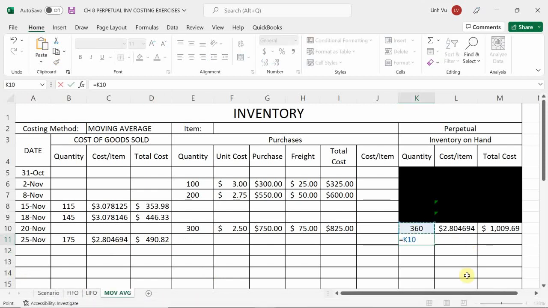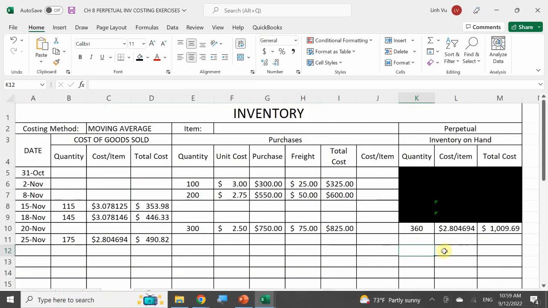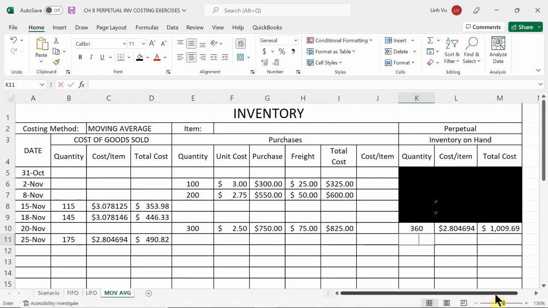Okay. 360 minus 140. Was it 175? Let me go back. I thought it was 145. Nope, 175 was right. So in this case, what is 360 minus 175? 185.